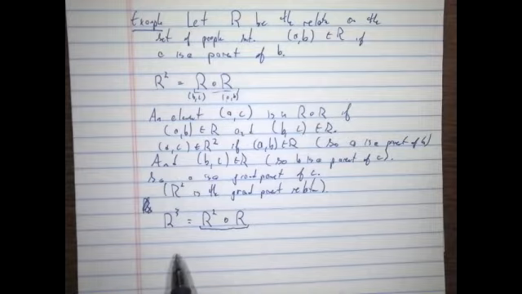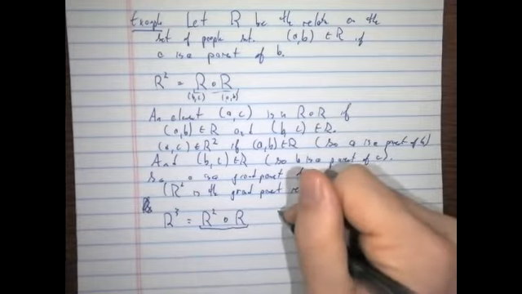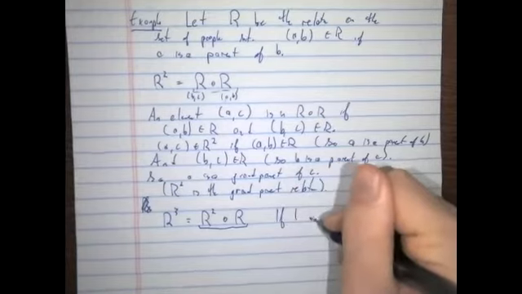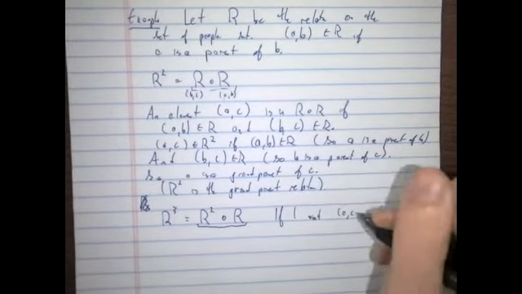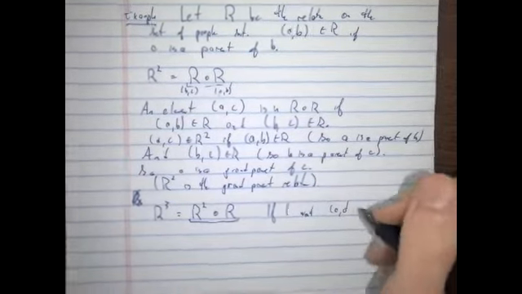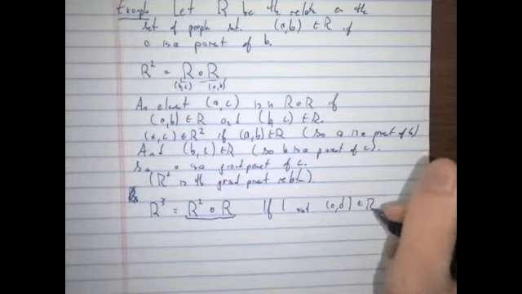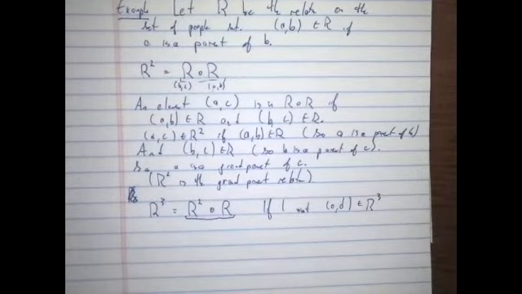To find an element inside a composition, so if I want A comma C, let's do different letters, A comma D inside R cubed, what do I need?